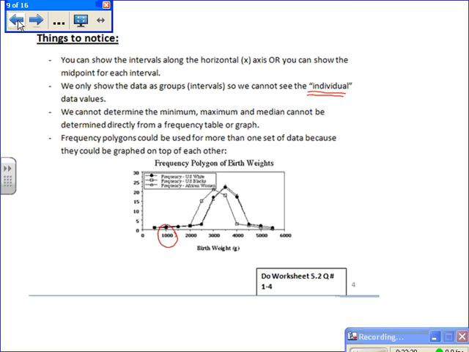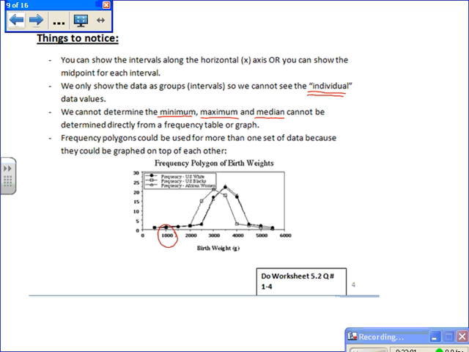If we can't see individual values, then we can't accurately determine what the lowest value was and what the highest value was. We also can't determine the median or middle value just by looking at a graph or a frequency table, because we can't see individual values.